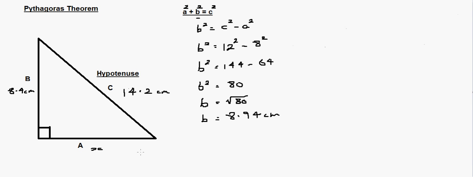So we're looking for A, so we use A squared plus B squared equals C squared. So we don't know A, but we know B and C, so I need to get these together so the B squared will come over. So I'll have A squared equals C squared, because that hasn't moved, minus B squared.